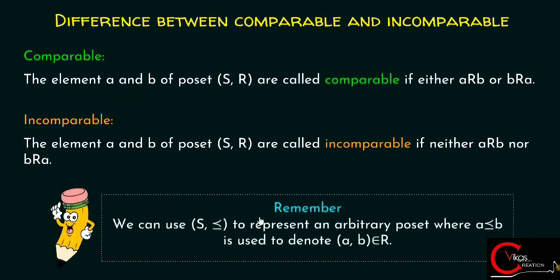Now please remember, we can use (S, R), where this symbol represents the relation R, to represent an arbitrary poset, where A R B is used to denote (A, B) belongs to R. Now let's discuss one example related to comparable and incomparable elements.